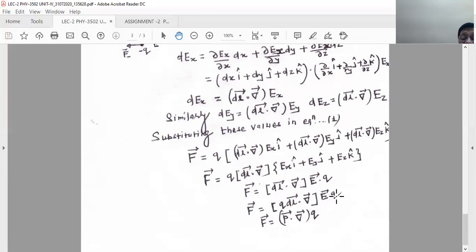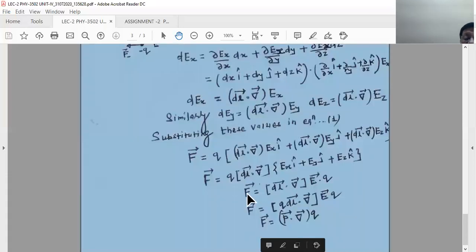Once again I am repeating, please try to understand, the net force acting on the dipole is equal to dl dot the del operator, and this scalar product is operating on vector E into q. Since q is a scalar quantity, I can combine this q with vector dl. So this is q dl, and it is operated. So this q is extra here. Please remember this q is extra.